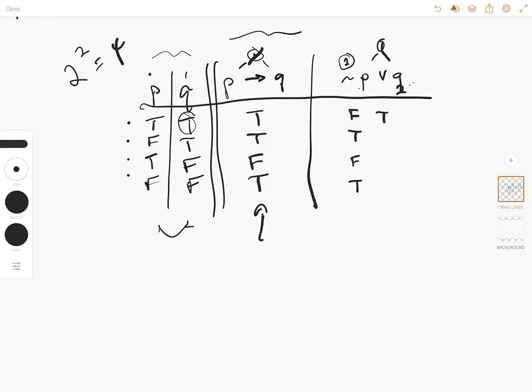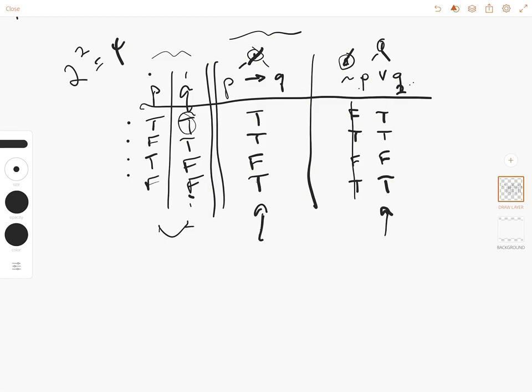For the second row, not P is true and Q is true. So true or true gives us true. For the third row, not P is false, Q is false. So false or false gives false. And for the last row, not P is true and the value of Q is false. So the output is true or false. That gives us a true. Now we're finished with the level 2 values.